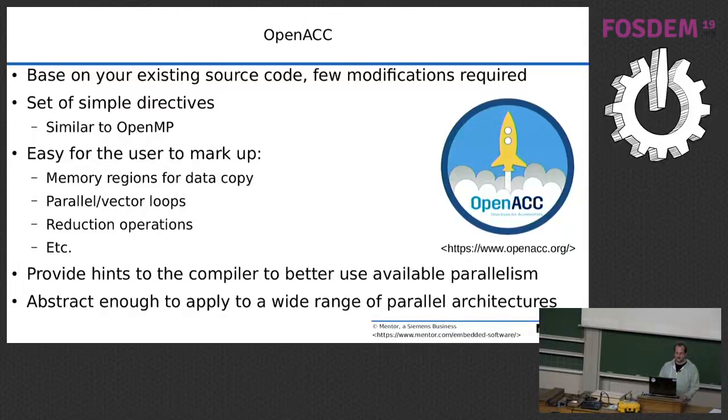OpenACC is not a language, it's an extension to C, C++, and Fortran. It tries to be abstract enough so that it applies to basically all the parallel accelerators that are out there.